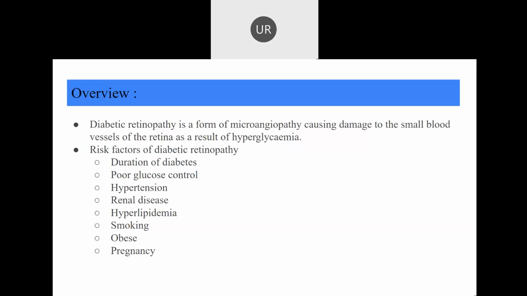And those with renal disease, hyperlipidemia, those who smoke, those who are obese, and in pregnancy, for example, women who are pregnant with underlying diabetes are prone to develop diabetic retinopathy, as we know in pregnancy, due to the hormones, their glycemic level would be high. And those in pregnancy who are diagnosed with GDM are also prone to get diabetic retinopathy. Next, please.